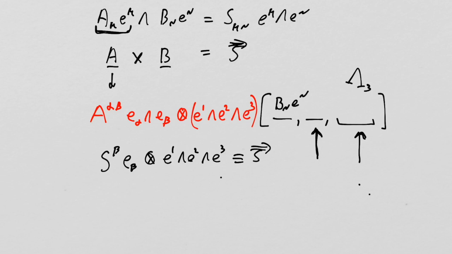The other way of looking at it is to just go right to here and say, hey, wait a minute, that is a 2 form. I know that that's isomorphic to some sheaf S alpha E alpha tensor product E1 wedge E2 wedge E3.